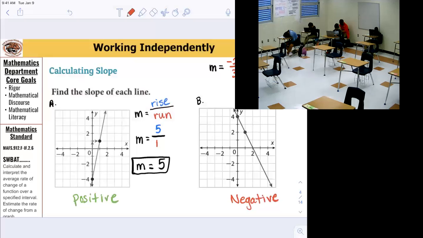And notice the direction that the line is going in. In example A, if I go from left to right, my line is going up. I know that there's arrows on both sides, so I'm not really looking at the arrows. I'm just thinking about from left to right. If this was a hill, I would have to walk up that hill.